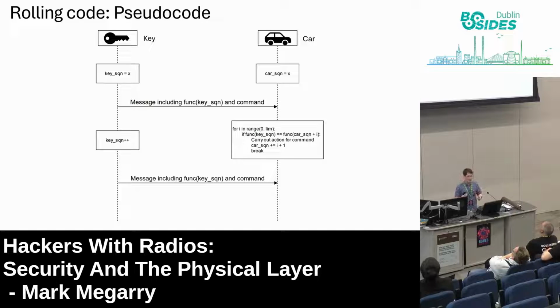So lock, unlock, open the boot, all that. When your car receives a message, it checks the hash of the counter that was sent, and it compares it to what it's expecting. So this means that if the key is out of date, if the key is sending an old counter value, then the car is going to ignore it. So you can't use the same counter twice.